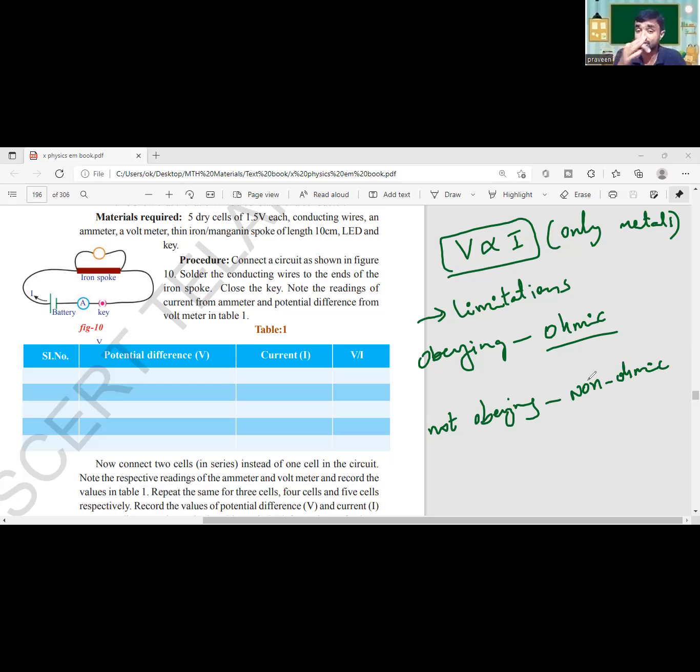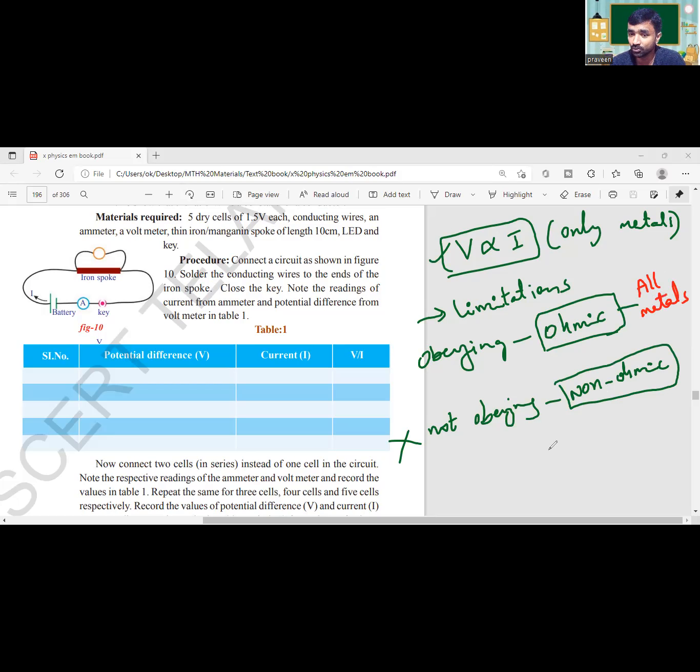So likewise, based on this observation, V is proportional to I, which are given that relation are called ohmic conductors, which do not give that are called non-ohmic conductors. For ohmic conductors, we can give an example: any metal, all metals obeying Ohm's law.